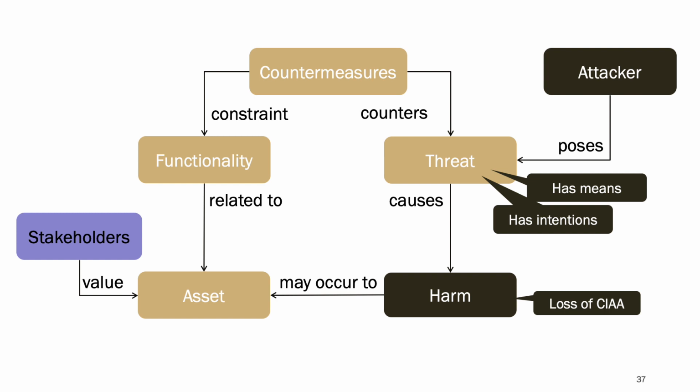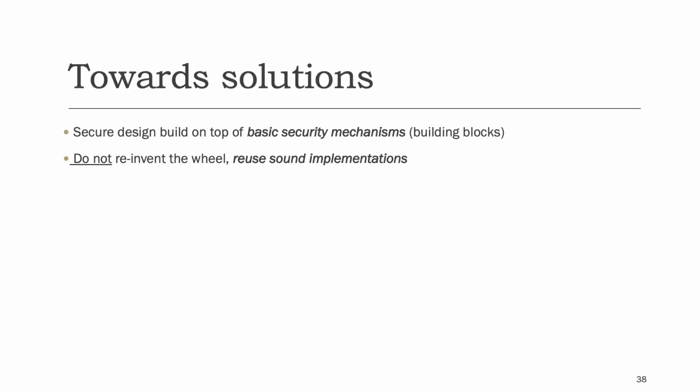In the following, we will focus on the building blocks for secure design. So in this figure, we will talk more about the countermeasures part rather than the attacker side. A secure design is built on top of some basic security mechanisms or building blocks, as we will call them.